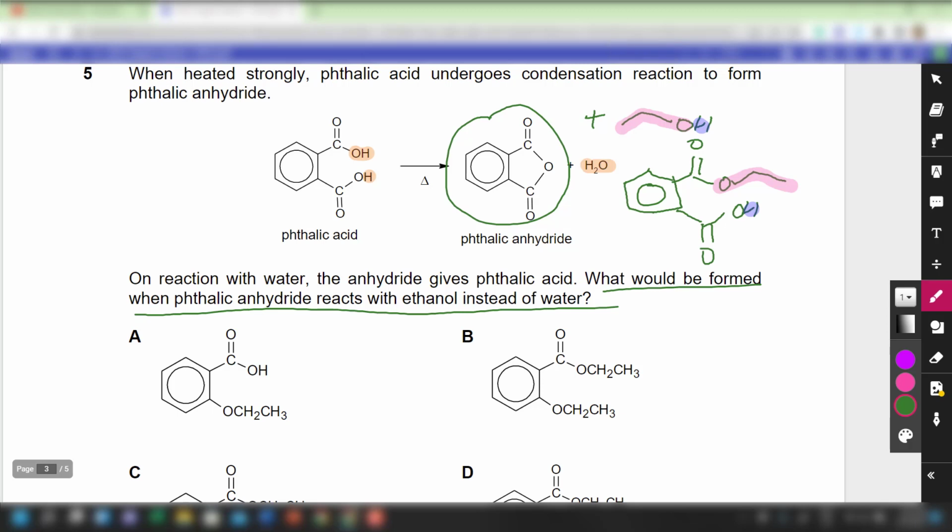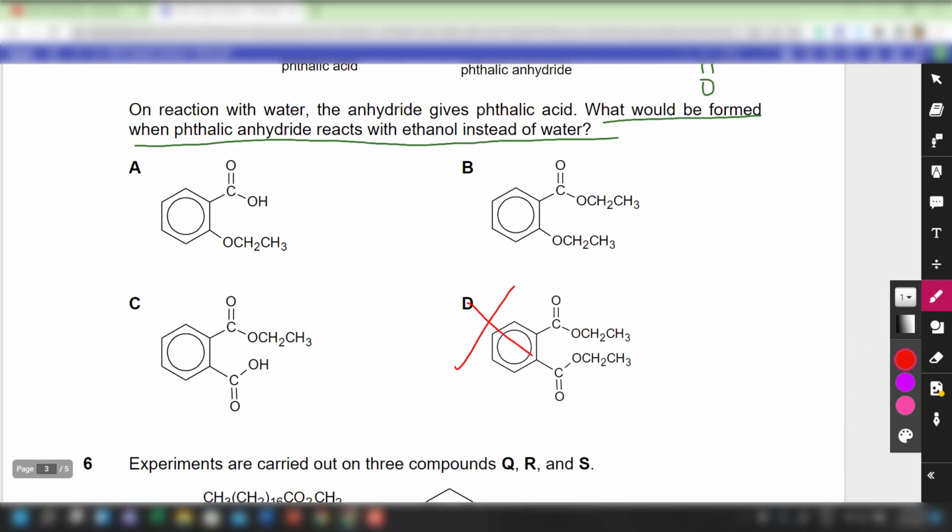Then another question I'm going to ask everyone is, will ethanol be able to react with a carboxylic acid without the presence of concentrated sulfuric acid as the catalyst? The answer is no. So if the answer is no, then I'm not going to choose option D, because option D is an impossible product without the presence of strong concentrated sulfuric acid.